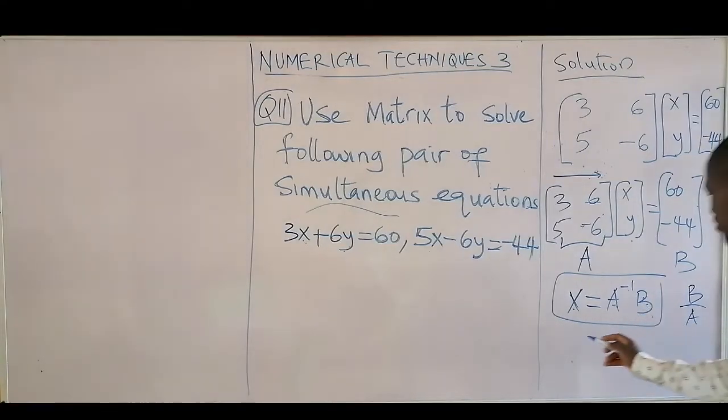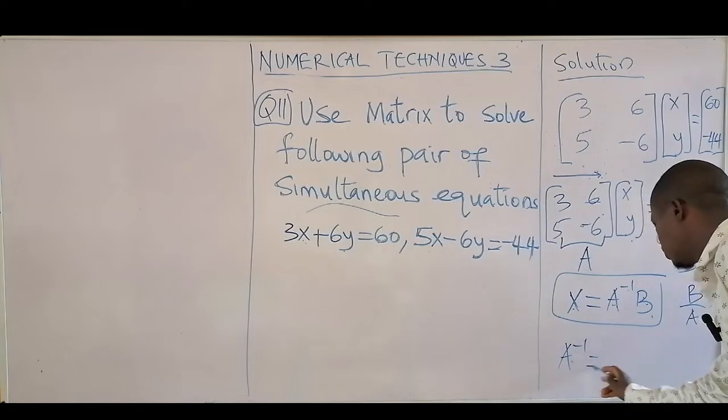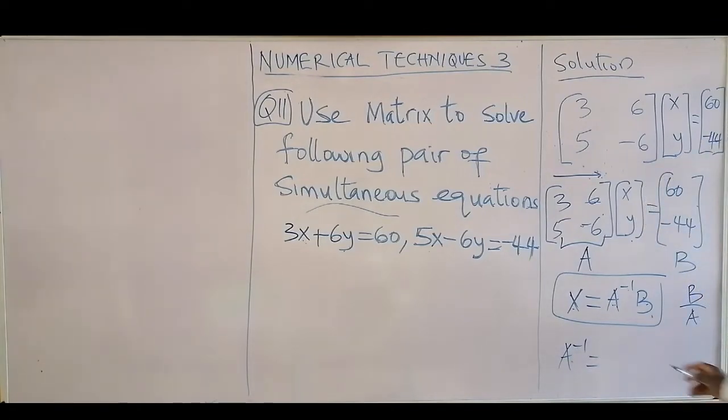Then let's get the A inverse. A inverse is equal to what? We've been told that it's 1 over the determinant of A, times the matrix. What do we have here? We have minus 6 here, move it up. Move this 3 down.